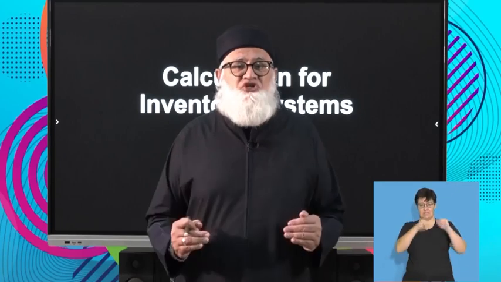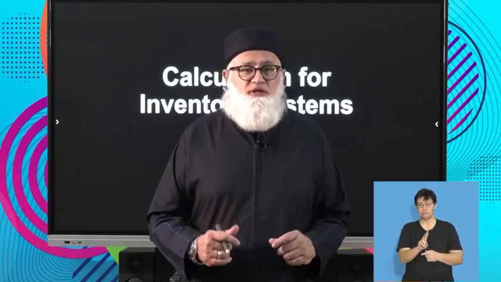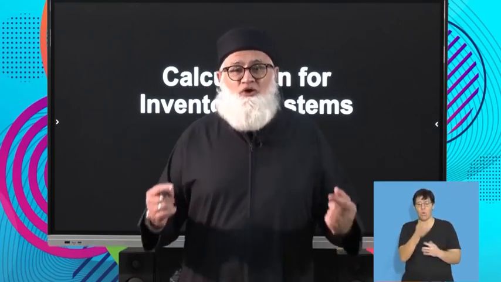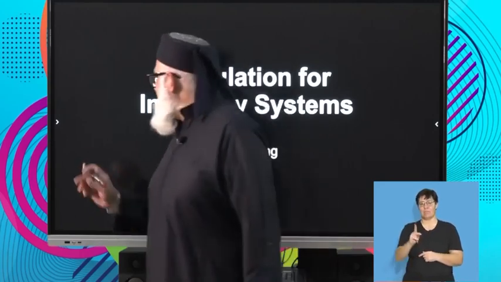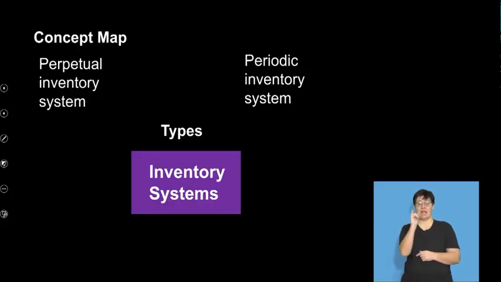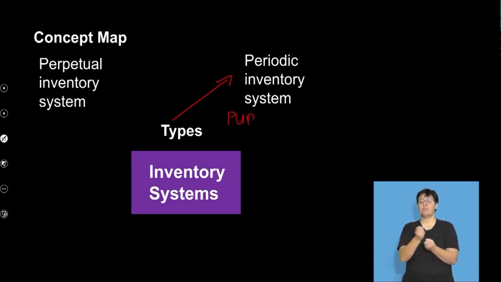Remember, we're dealing with inventory systems. We're looking at specific calculations that you need to be au fait with to fully understand what it entails when we're working with the periodic inventory system. If we look at our recap, what did we say? We said that when you're dealing with the periodic inventory system, the most important component will be your purchases account.